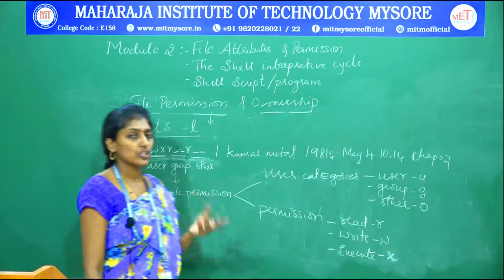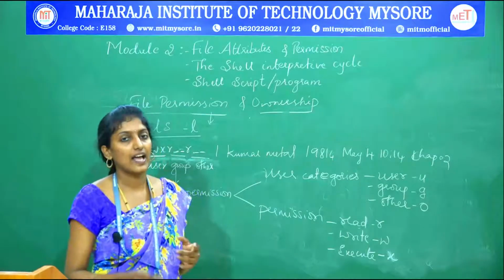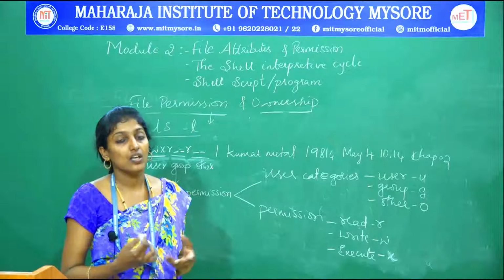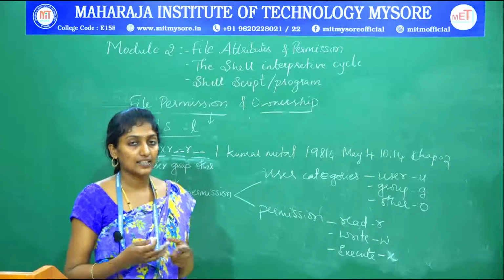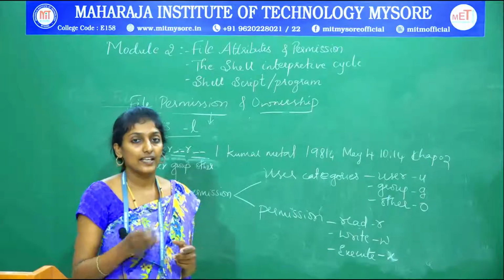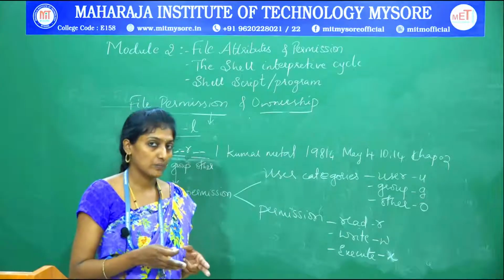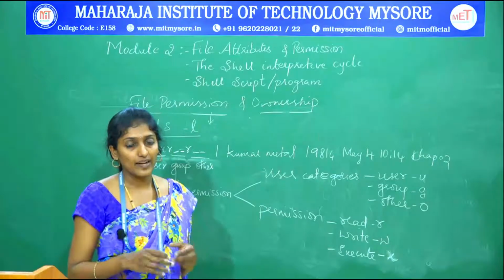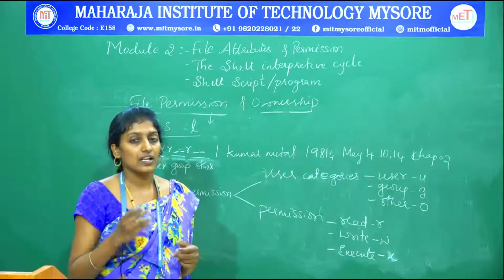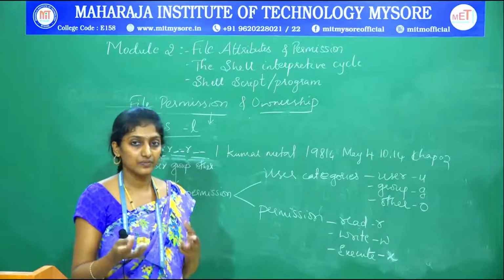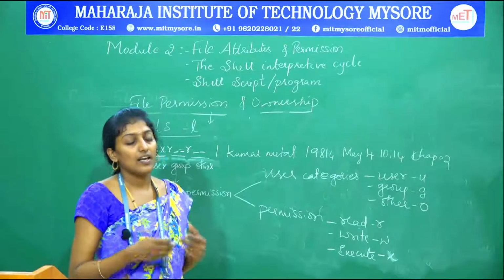Usually the owner of the file, that is the user itself, will have read, write and execute permission. For a group category, we do not provide the execute permission, or the write permission. Even if I provide the write permission, execute permission will not be provided. It is just for protecting that particular file.